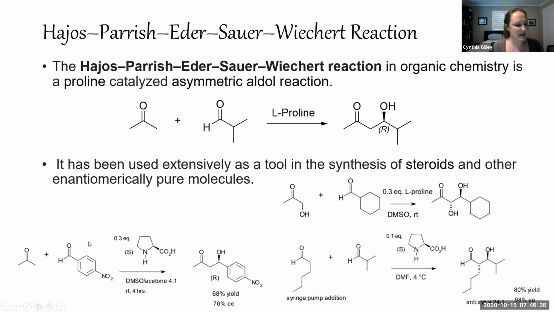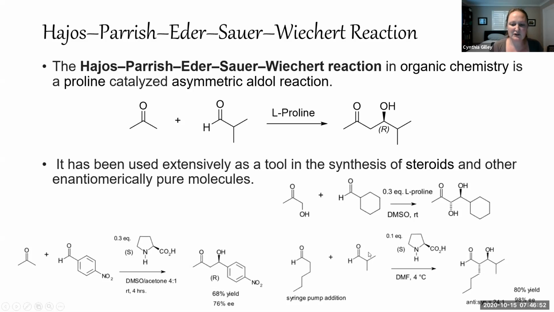So notice the aldehyde, right? Here we have a benzaldehyde. The alpha carbon does not have any hydrogens here. Here we have a ring, a cyclohexane ring. There is an alpha hydrogen here, but there's only one, and this is a very bulky group, which is going to be very similar to isobutyraldehyde, which is used in the reaction in the video this week.